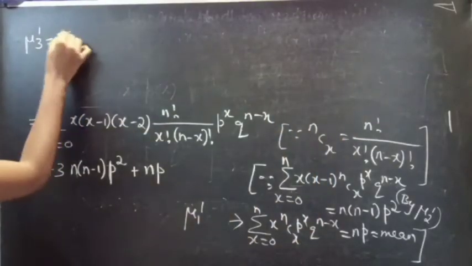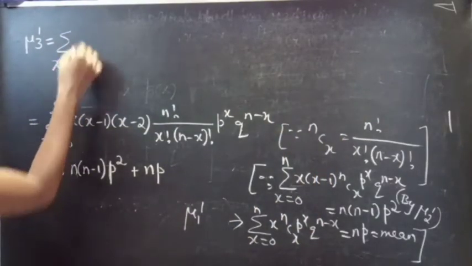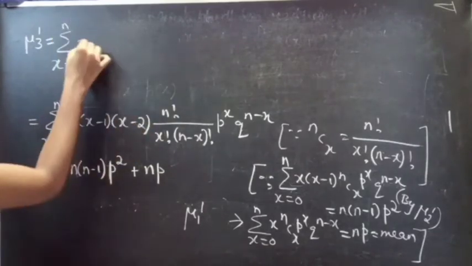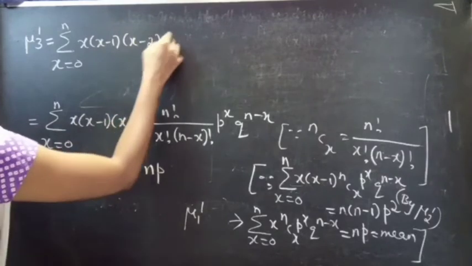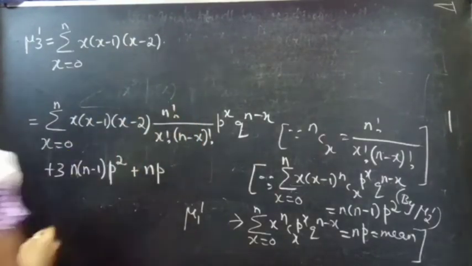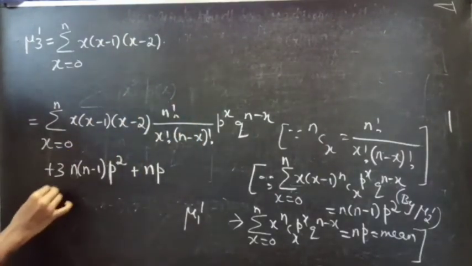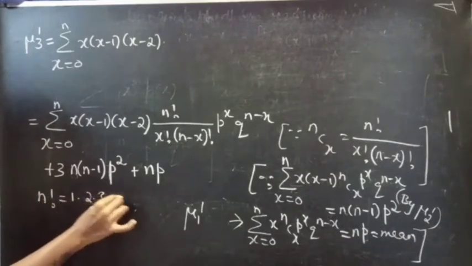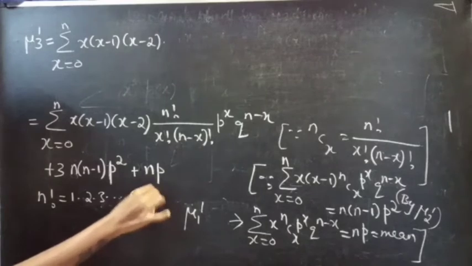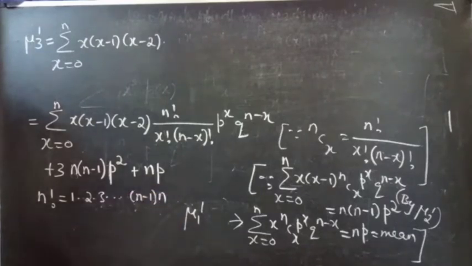So this is equal to summation x equals 0 to n, x into x minus 1 into x minus 2 into. So you could write this n factorial as n factorial equals 1 into 2 into 3 into so on into n minus 1 into n, right?